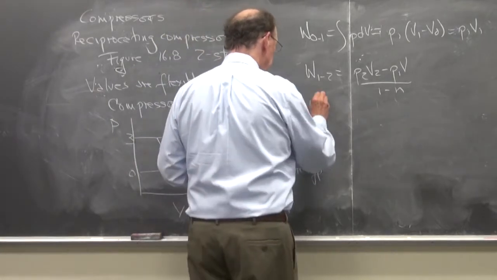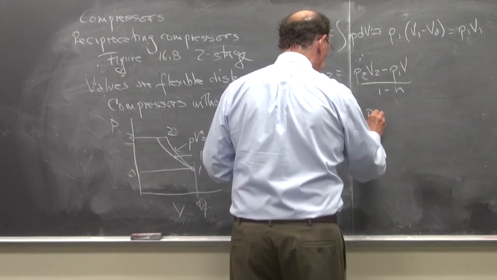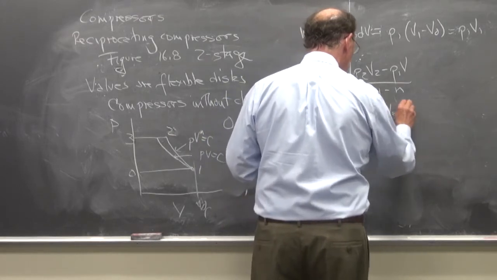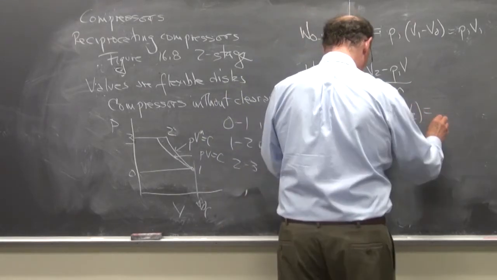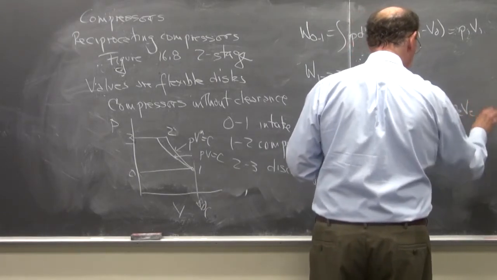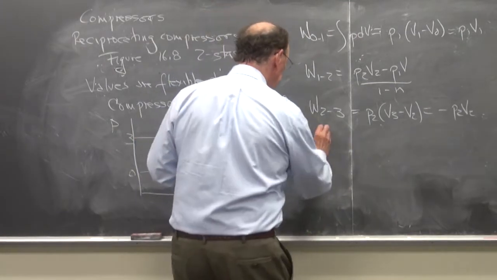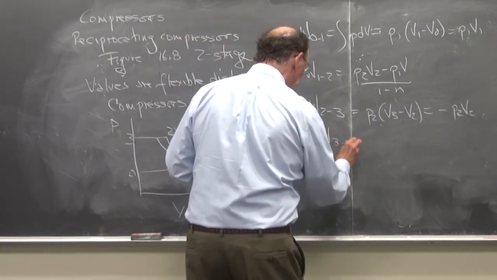W23 is equal to constant pressure times V3 minus V2, which is going to be equal to minus P2 V2, because V3 is 0. And the work from 3 to 0 is 0.